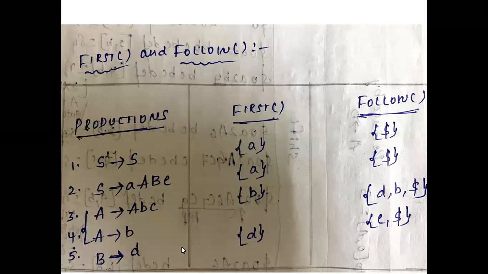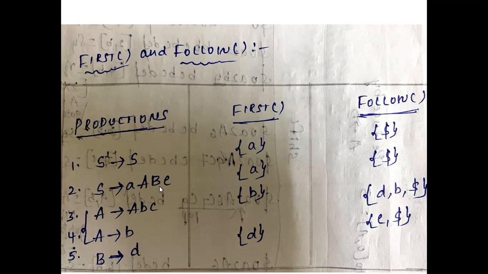Now, what is the follow of B? Checking out where the B is in the right hand side of the rules. Here in rule number 2, we are having B. In the remaining rules, we are not having any B. Just we are taking this one and underlining the B and making it as an B. And what is beta here? Beta is an E. That means beta is directly giving a terminal E. So directly we are writing an E. And we need to follow the dollar, right?